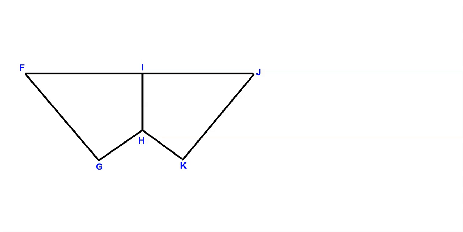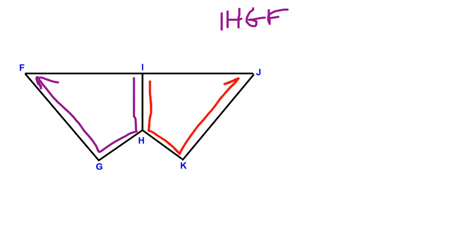So let's start in the middle here with naming this IHGF, going to the convex angle up to the point there and around to F, which means the same thing happens in the figure at the right in the same order. So it is IHKJ.